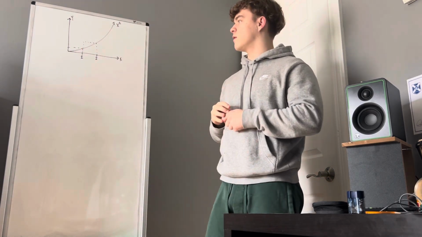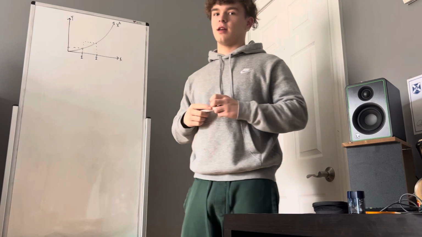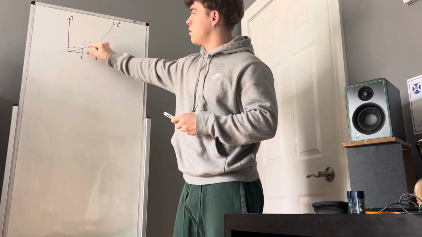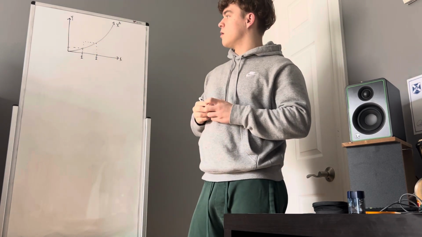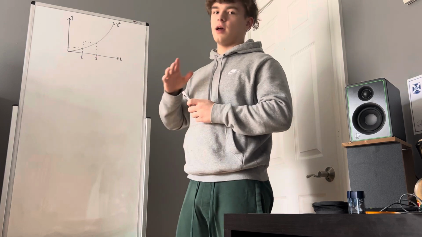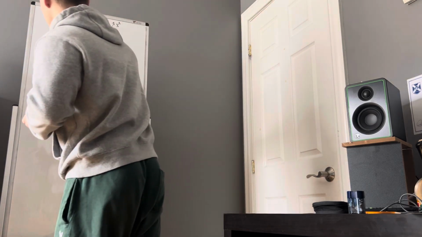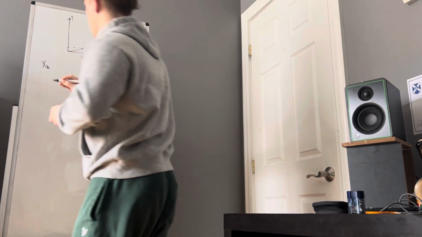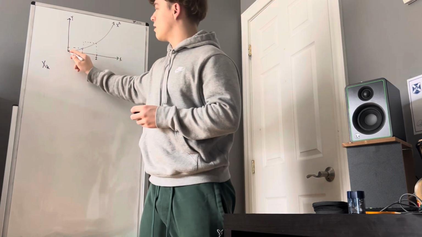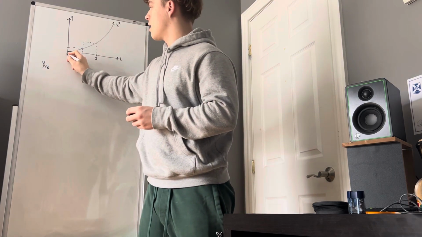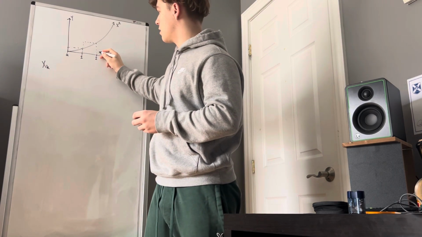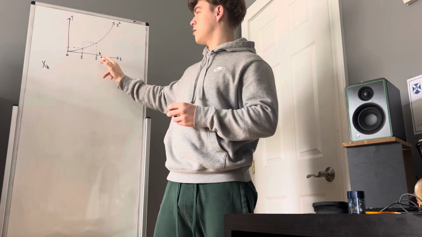Well, first we need to find the height of each rectangle, so we can represent both of these heights in one equation. We'll call the x value xk. We call our left endpoint A, our right endpoint B. A is 0, B is 2.